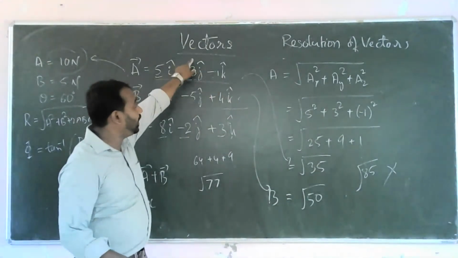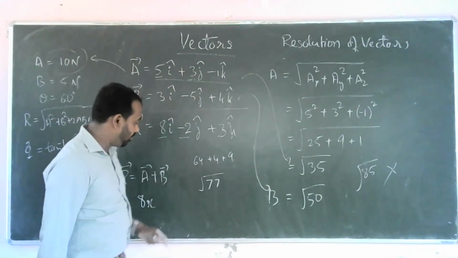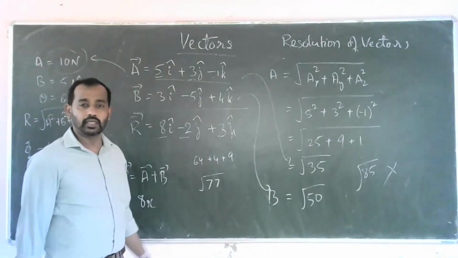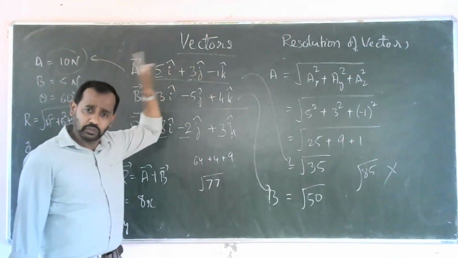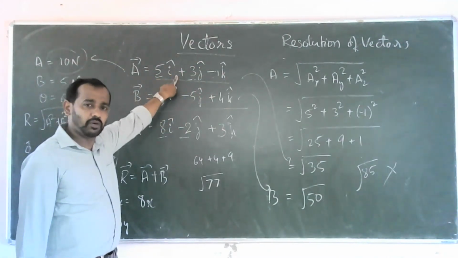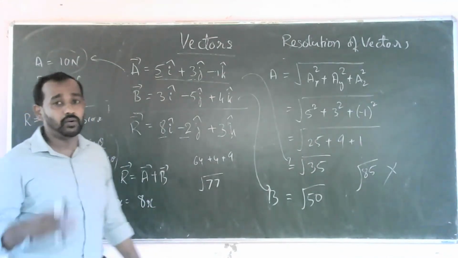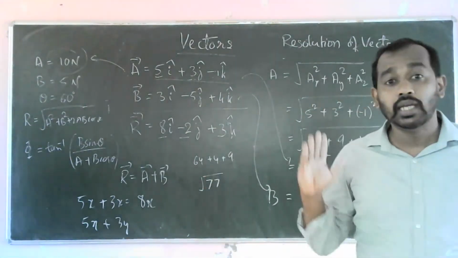And if vectors are given in rectangular components, how do we find the resultant? Both are the same. This representation gives both magnitude and direction. Usually, vectors are given in this form. In very rare cases, it will be given in this form. When only the magnitude of the resultant is important, then we are going to do this.